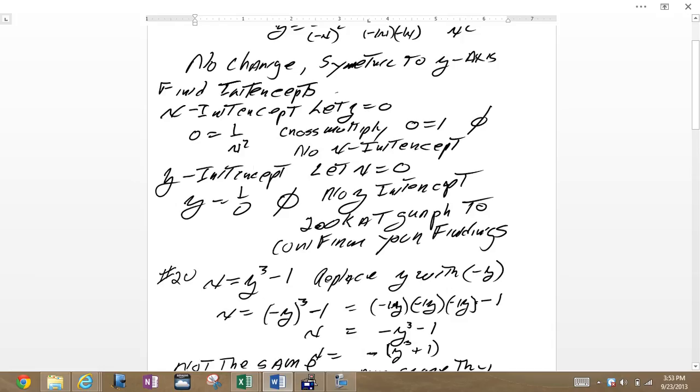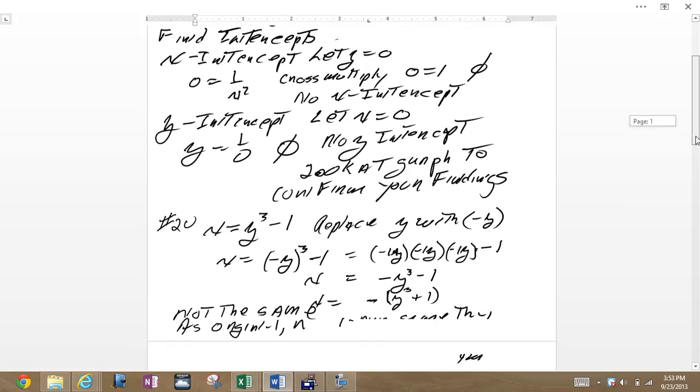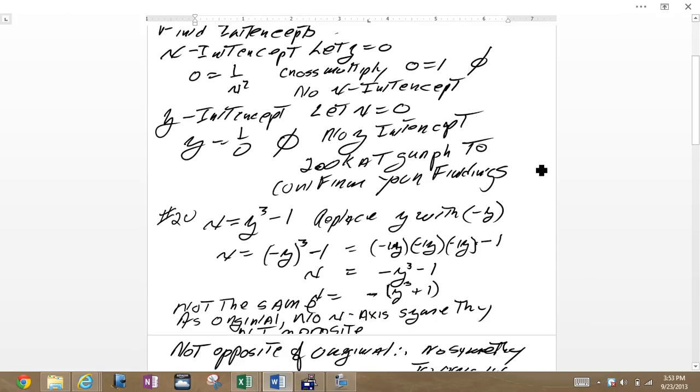And the same thing as in the previous problem, that is negative 1y cubed, which again is negative 1y times negative 1y times negative 1y, which effectively is negative y cubed. Now, that you can see does not return to you the original problem.